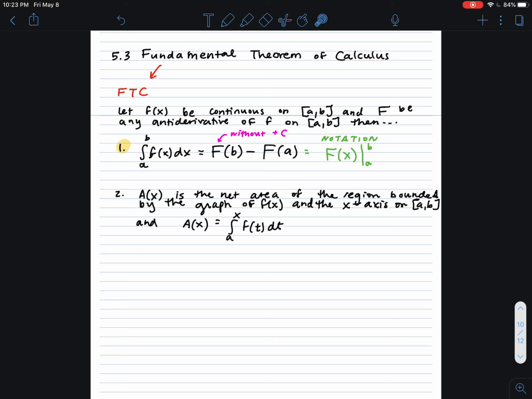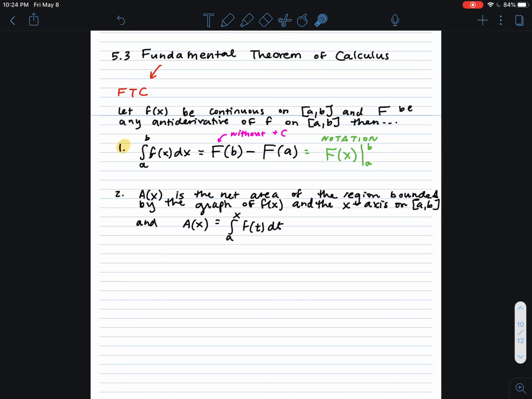And remember, as long as we change this variable to match our variable of integration, it's the same thing as writing f of x dx. It's just that we're changing it so that we know we're going to be plugging in this variable x. And so basically that will give you a function of area.